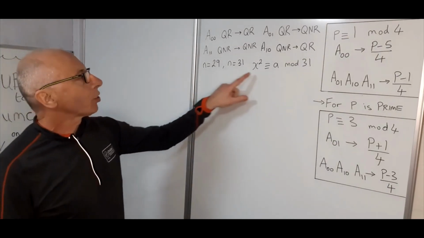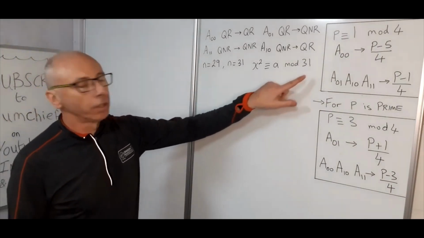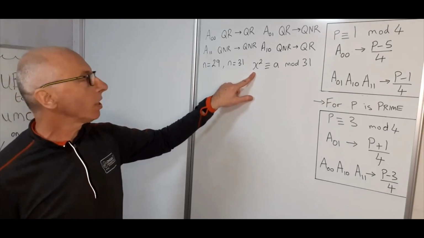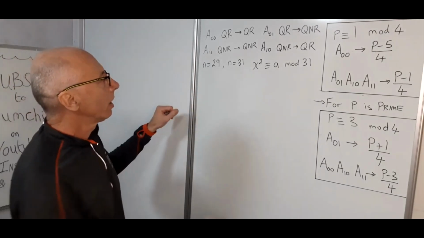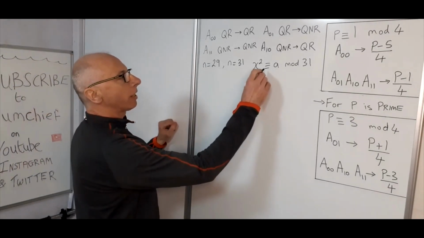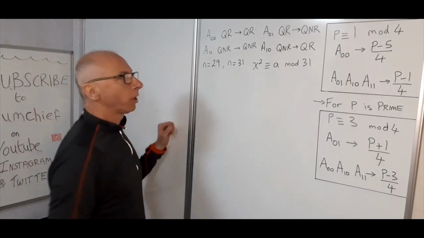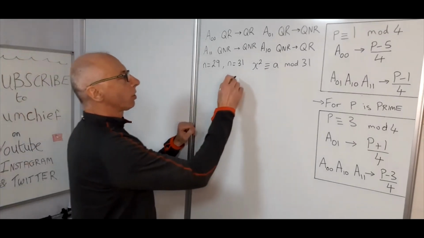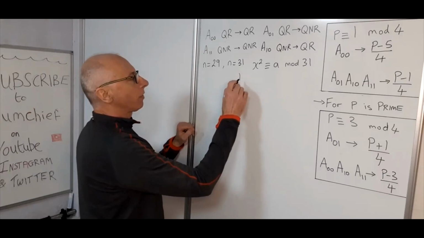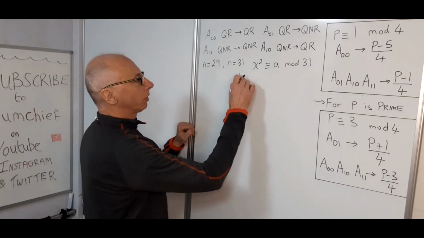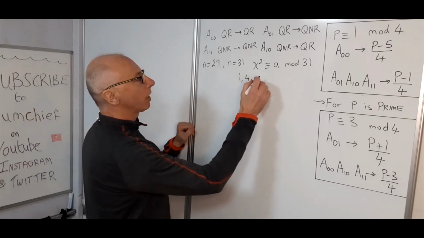Okay, so now we're going to try for mod 31. So using the same system as we tried for the 29, we're looking for x squared is congruent with a mod 31. So we know all the solutions from 1 to 5 are all yielding quadratic residues.